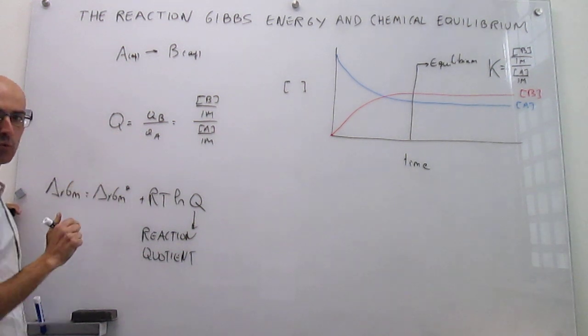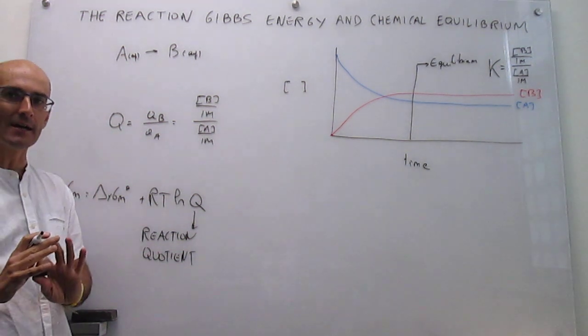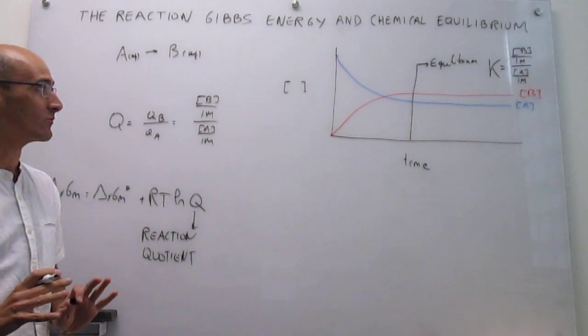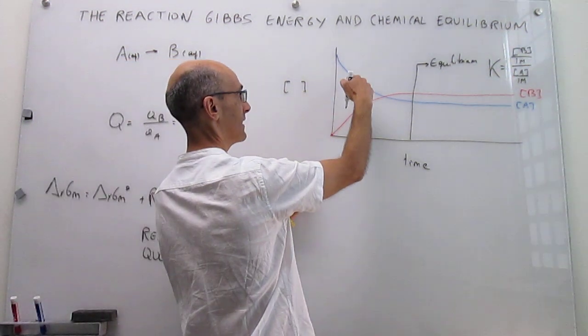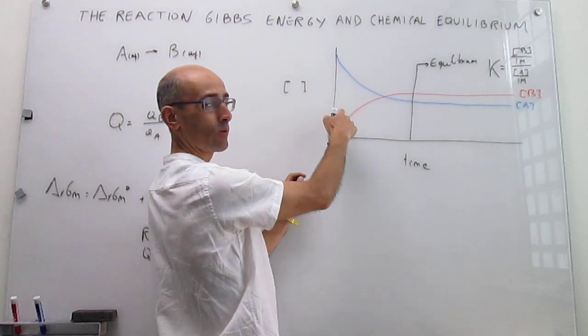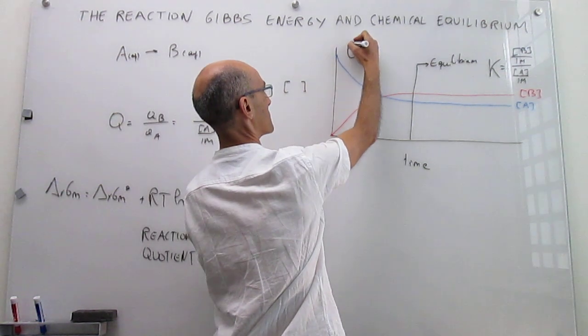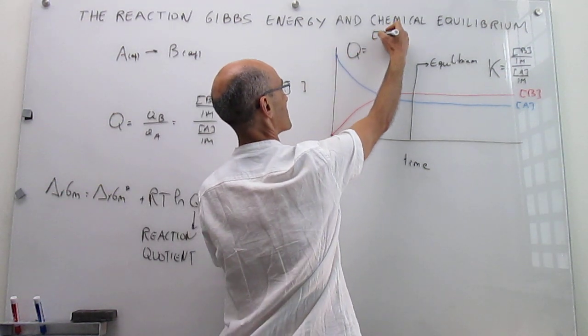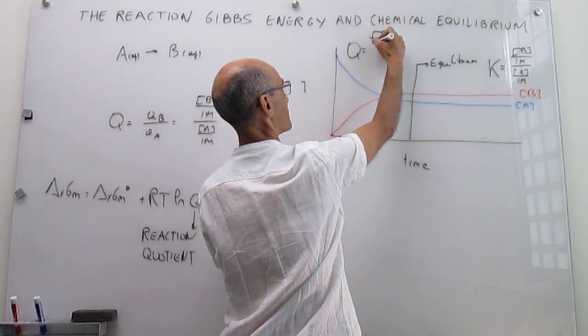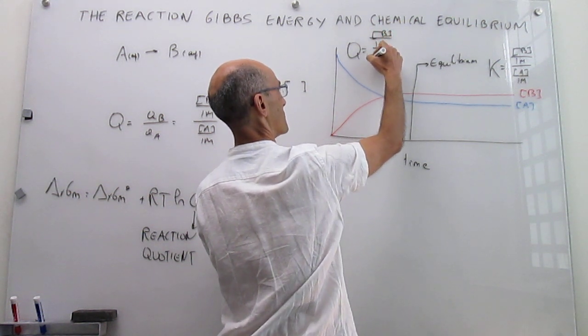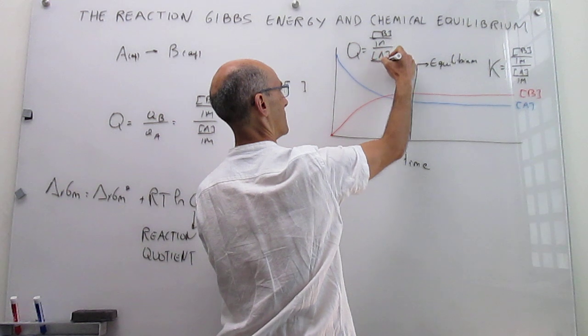Notice that this reaction quotient can be written at any time during the reaction. So if you're right here, you're not at equilibrium, but you can still write what the reaction quotient is going to be. That is simply the concentration of B over 1 molar over the concentration of A over 1 molar.